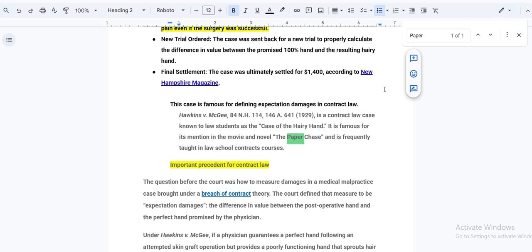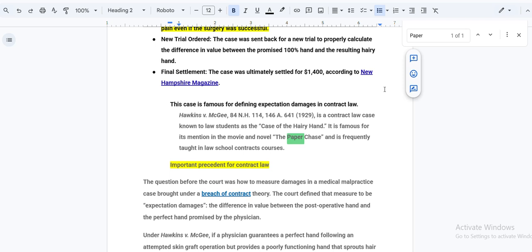And so he did a skin graft, having never done one before, and it was effective. But he used some skin from the young man's chest, so therefore it grew hair on his hand later, and so there became a series of court cases happening.